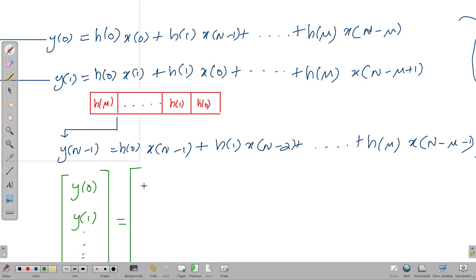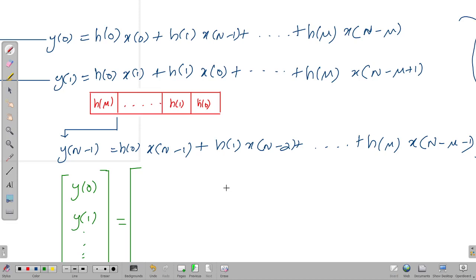So I can either write like the channel matrix h of 0, h of 1, etc. into the symbols, or I can write symbols into whichever way I write, it will look cyclic.